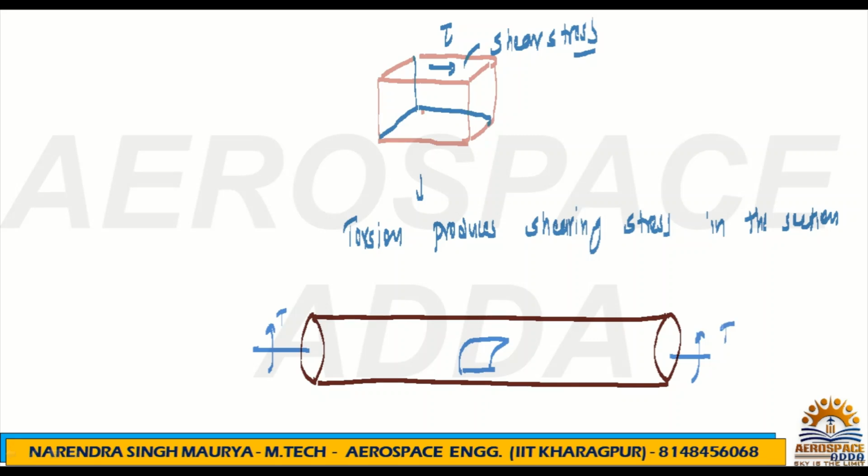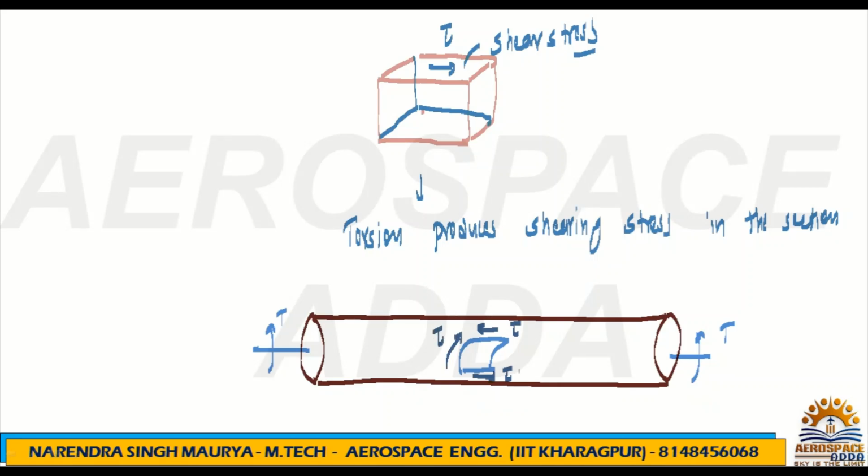So what will happen? The shear stress will come into picture. If you check any section of this shaft, you will get the shear stress, tau. So the point is, if shear stress is existing, it means torsion will be there, and the opposite also.